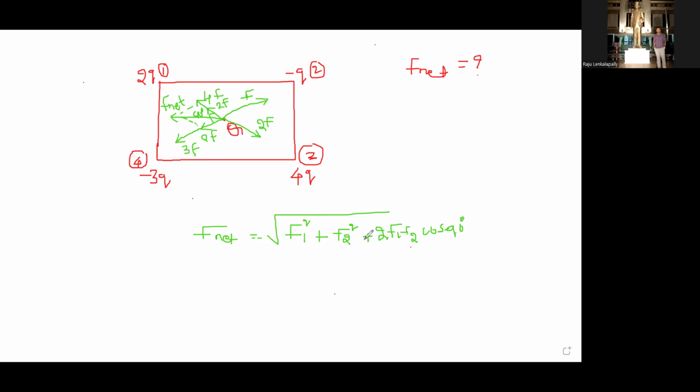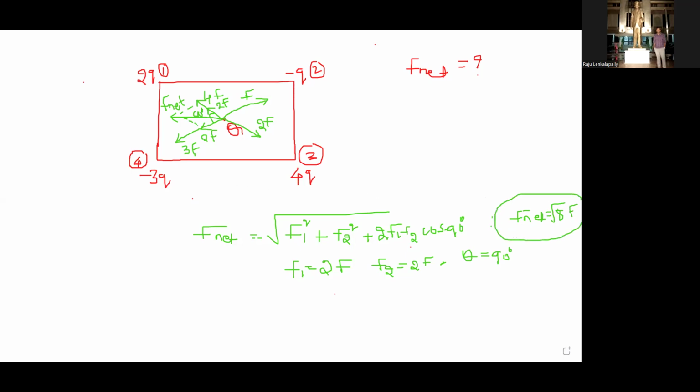Here F1 is 2F and F2 is also 2F, and theta is 90 degrees. Then the net force will be root 8 into F. This is the net force at the charge q.